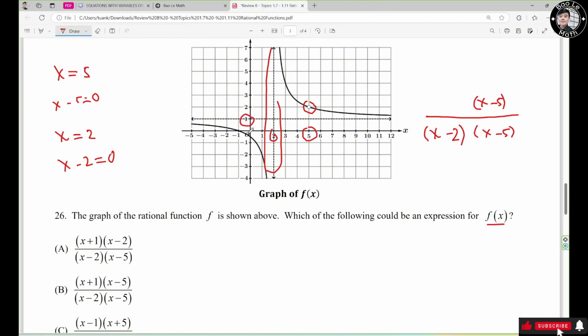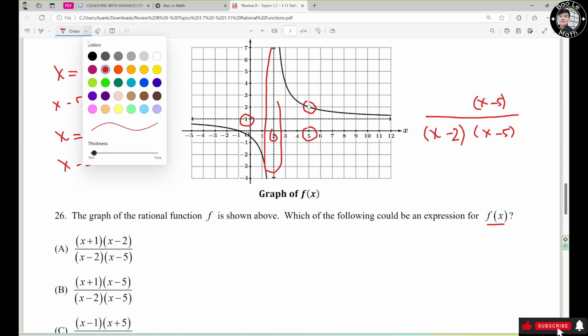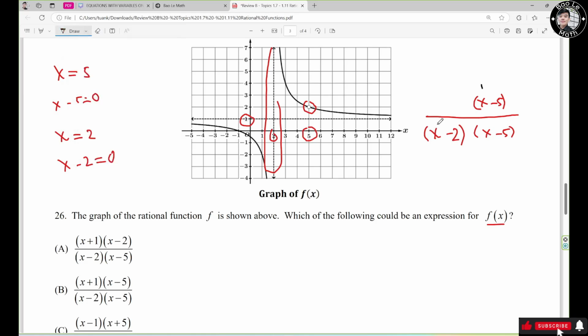So since the horizontal asymptote is y equals 1, which means the degree on the numerator and the degree on the denominator must be the same, right? So on the numerator right here, you only have this one power of 1, and this one power of 1. So we need one more factor right here so that the numerator and denominator have the same degree, right?